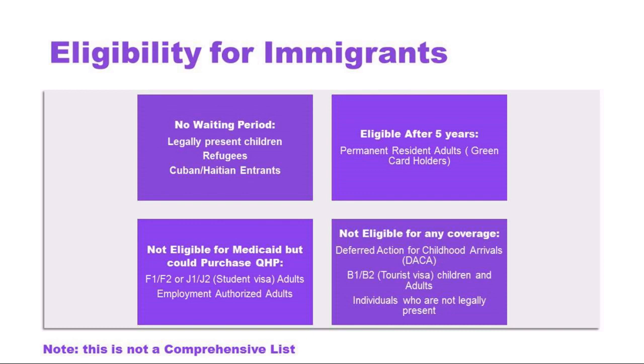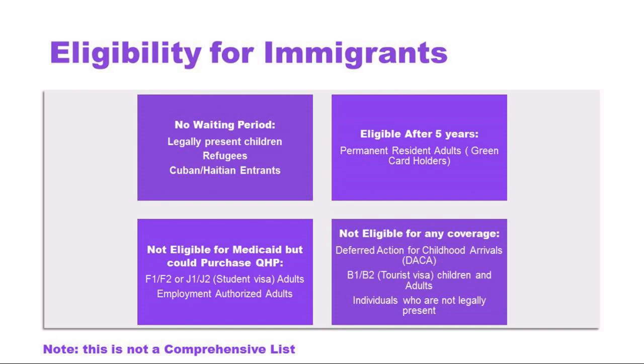People with statuses that are considered temporary or non-immigrant, like student visas or employment authorization cards, are not eligible for Medicaid regardless of how long they have lived in the United States. However, as long as they file taxes, they can purchase qualified health plans with payment assistance through healthcare.gov.